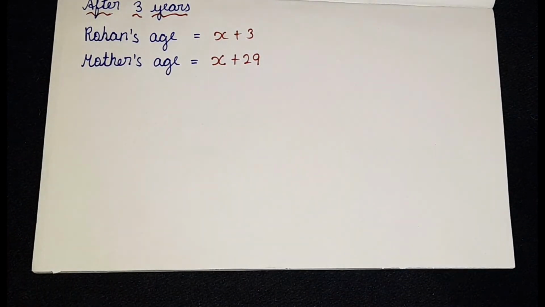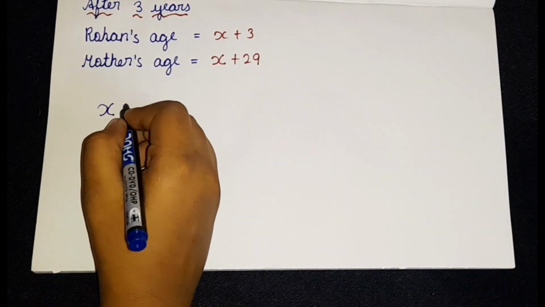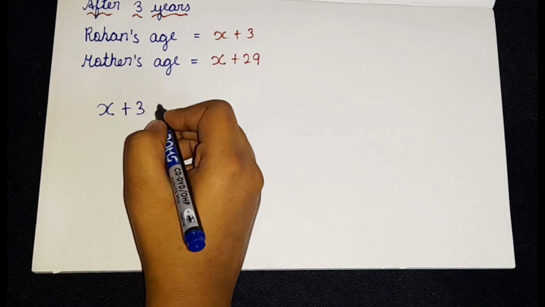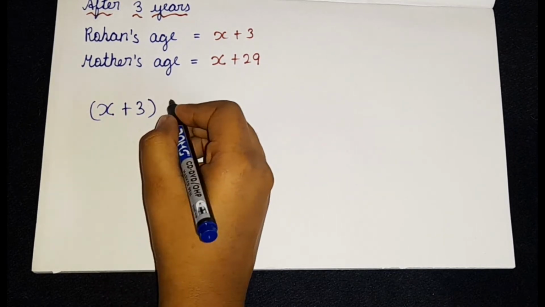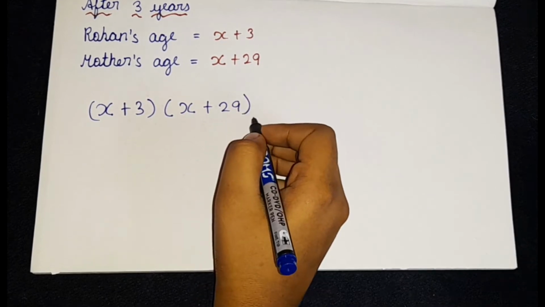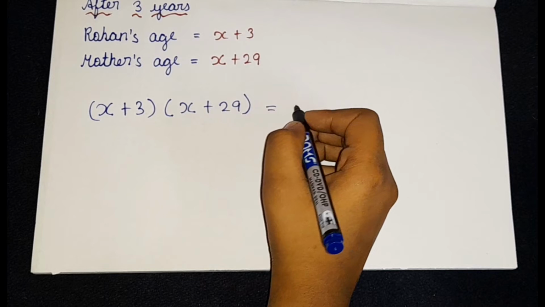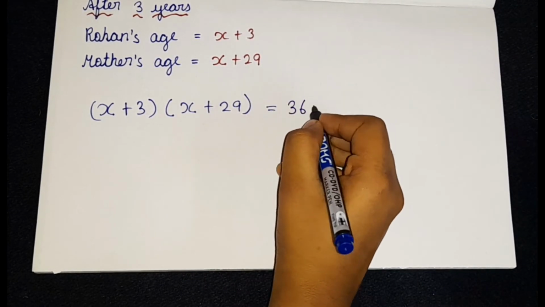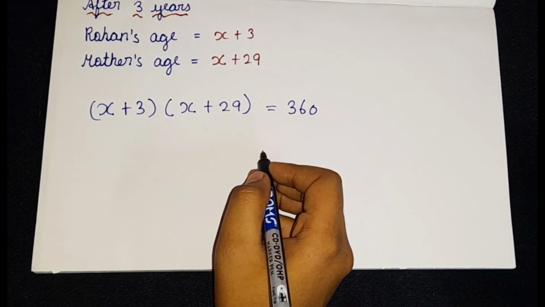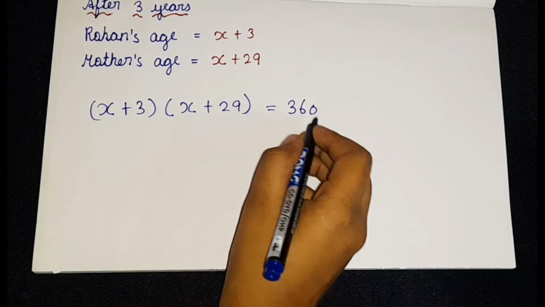Let's multiply. x plus 3 in brackets, because we are multiplying them, times x plus 29 in brackets. We are just writing it in brackets because it is multiplication, is equal to 360. So after 3 years, it will be 360, that's why I mentioned 360.